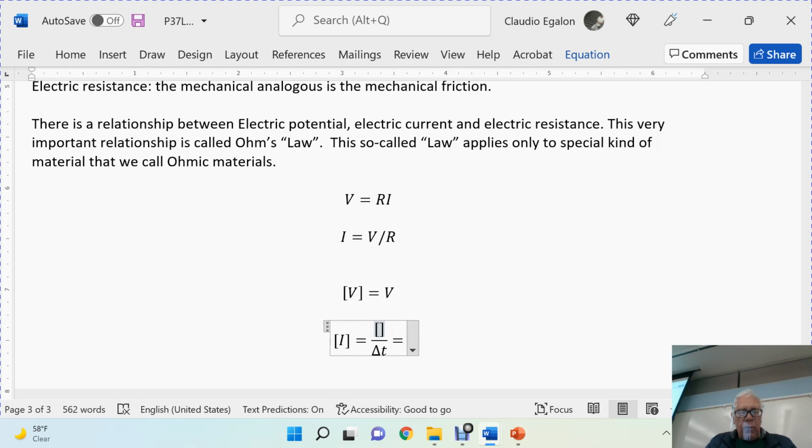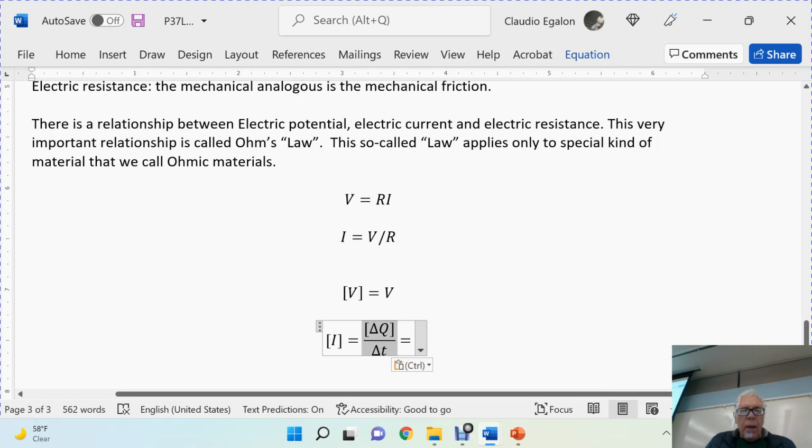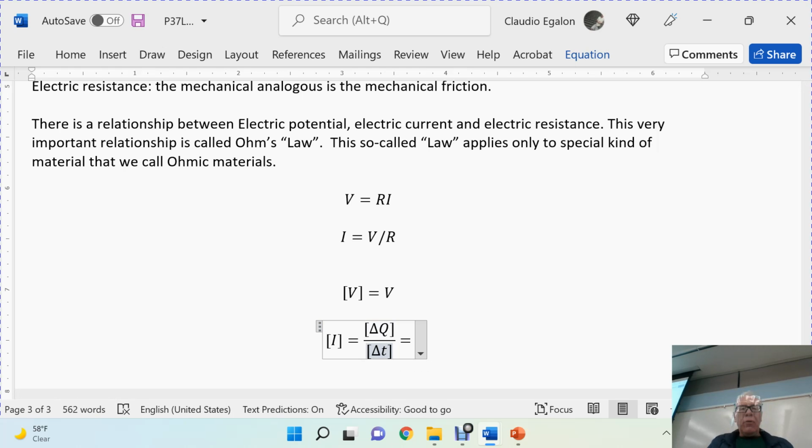Some people prefer to use the current as a basic quantity, not the electric charge. Remember I told you that the electric charge is the basic quantity? In reality, some people prefer to say that the electric current is a basic quantity. And there's a reason for that.